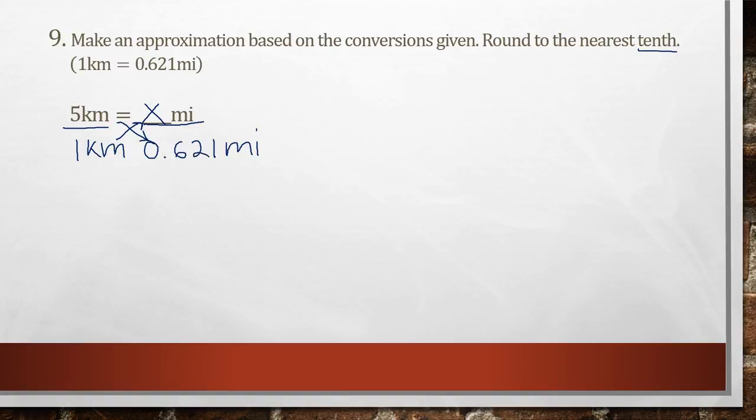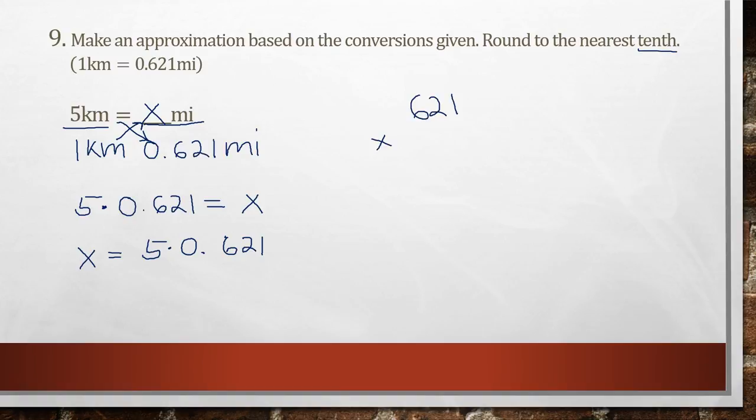So 5 times 0.621 is equivalent to 1 times x, or just x. I can reverse my equation by putting the x on the left side: x equals 5 times 0.621. Then I do my multiplication, ignoring the decimals, so just write down your numbers. 621 times 5: 5 times 1 is 5, 5 times 2 is 10, and 5 times 6 is 30, plus 1 is 31.